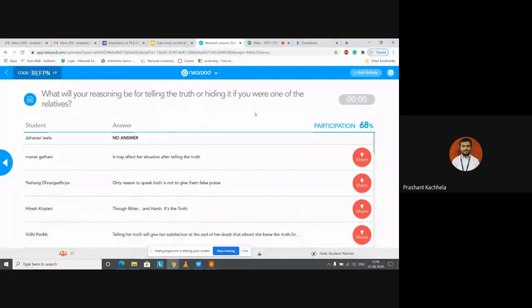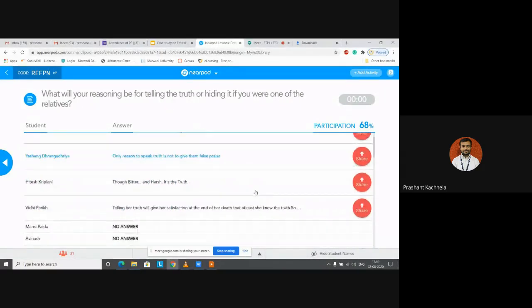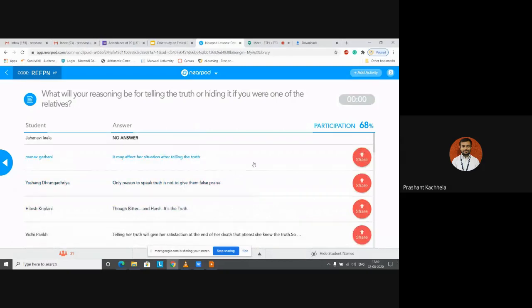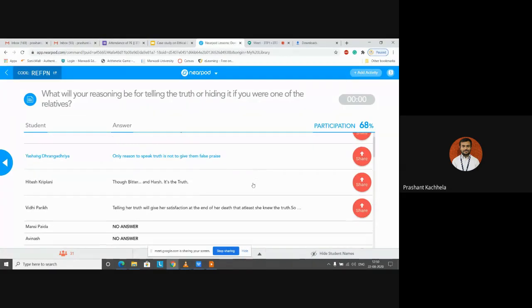So let me see, 68. Now it's showing me 68%. Good. So Manav is saying it may affect her situation after telling the truth. That's why Manav's opinion is to hide the truth. I am assuming it. Okay. Yashang is saying the only reason to speak the truth is not to give them false praise. Okay.